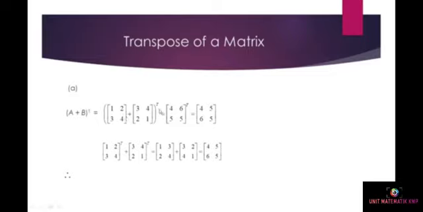Matrix A plus matrix B, we get 4, 6, 5, 5. And then transpose, we get 4, 5, 6, 5. A transpose plus B transpose equals matrix A transpose plus matrix B transpose. So we get 4, 5, 6, 5. So the answers are equal. Therefore, (A plus B) transpose equals A transpose plus B transpose.